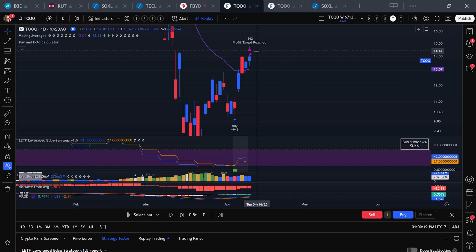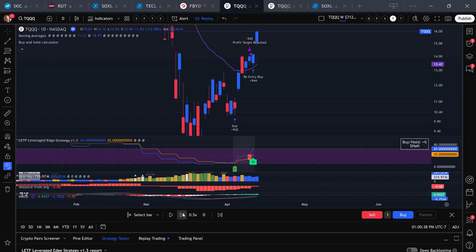And you can even put in a sell limit order there, to get out of the trade at that profit target reached point. And that is a lot easier to do.